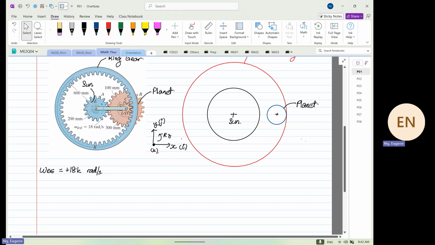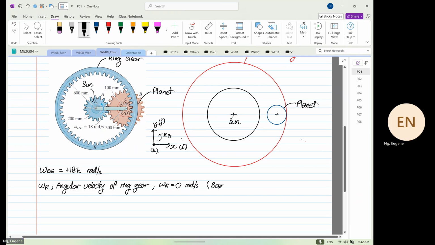So we are going to call omega R the angular velocity of the ring gear, and omega of the ring gear is equal to 0 radians per second. Now this is classified as our boundary condition given to us.